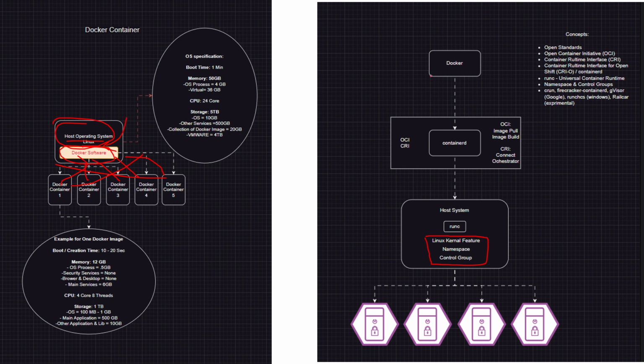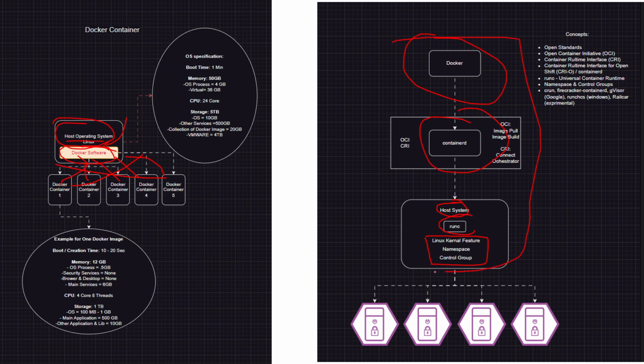Now there's another architecture which I'm going to put in more detail, but I put this architecture here because I want to tell you that when I say Docker here, and containerd here, and then runC on the host system here, that doesn't mean these are three different components hosted somewhere else.